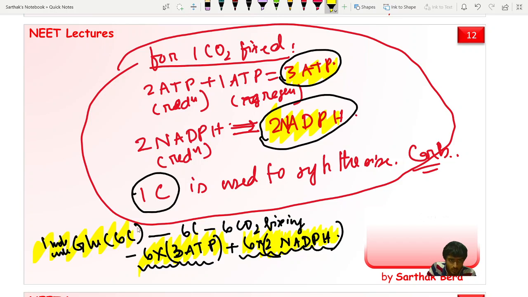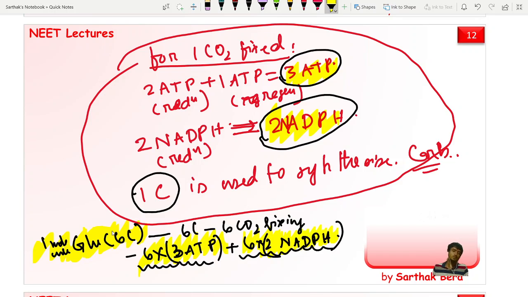That is, to form 1 molecule of glucose. The question may be asked that suppose 3 molecules or 12 molecules are used in forming glucose; you have to just multiply accordingly. You have to understand the concept, and the calculations will be done accordingly with the carbon number. Suppose this is a 12 carbon compound, you will multiply this number with 12.